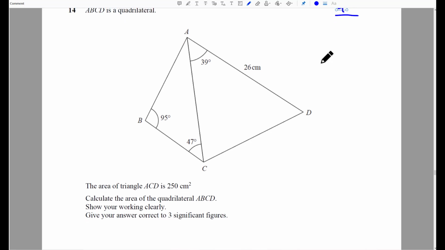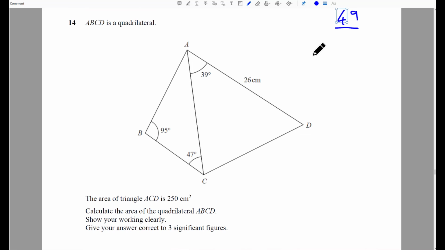Okay, look at this. We've got triangles. Are there right angles? No right angles. So we've got to use a sine or cosine rule at some point.